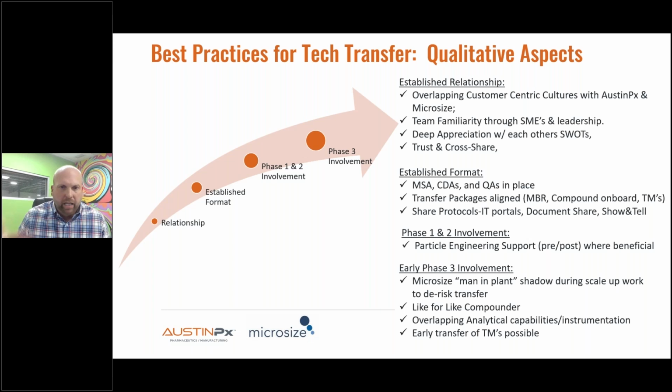And then, as you expect, a like-for-like compounder between facilities, overlapping analytical capabilities, both solid state and PSD or laser diffraction. And then the possibility of early transfer of those TMs as well during phase 1 or phase 2 is possible, so that those are all ready to go and onboarded prior to phase 3 transfer.